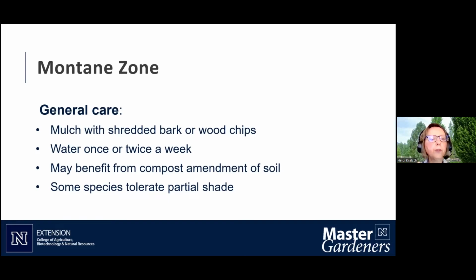These plants may also benefit from amendment of the soil with compost to give a little bit more nutrients, because up in mountainous areas, you're going to have a lot of tree species that are dropping leaves and other organic materials onto the soil, which get into the soil and make it much more organic than some of the soils that are at lower elevations or in the desert parts of the state. And some of the species native to this region may also tolerate partial shade, which is great if you've got a microclimate in your landscape that's shady.